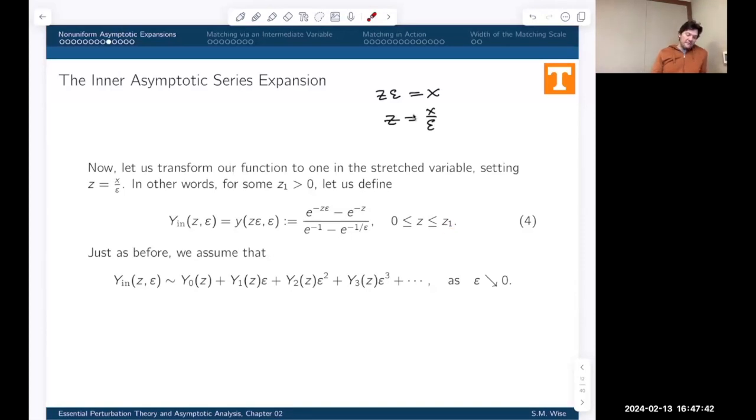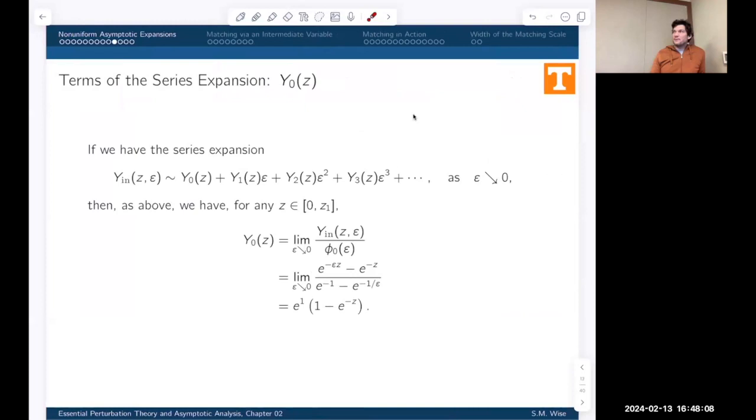But now we have this function, which is a function of z and epsilon, and we can ask the same sort of questions. Can we come up with an asymptotic series expansion for this using this ansatz? And the answer is no problem, because we know how to get these coefficients if we have this ansatz, right? The usual strategy, or the now usual strategy, just works.